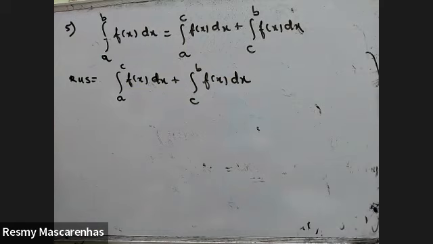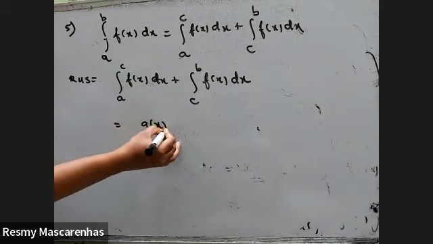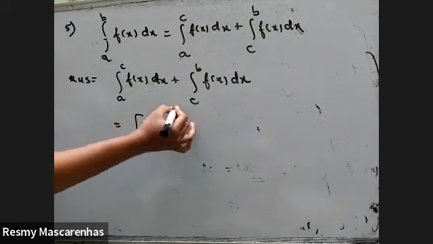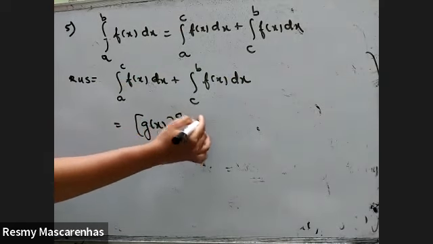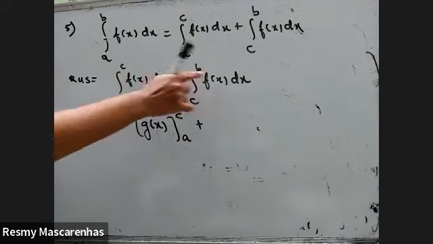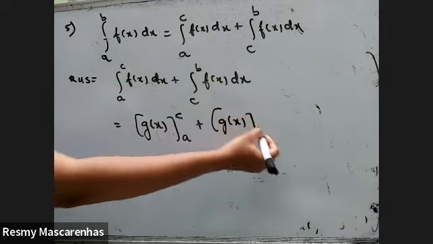Here there is no substitution. Directly we'll integrate. We know that integral of f of x is g of x. A to c this will be, and this one will be again g of x only, but from c to b.